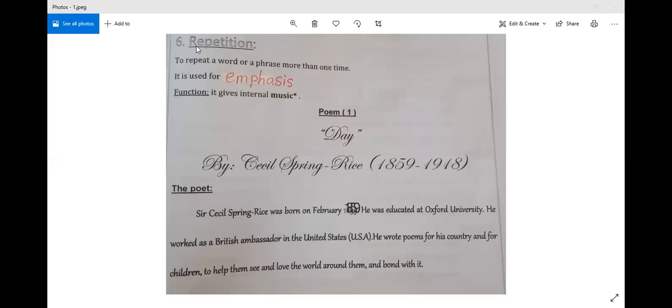And of course, if you want to go back and check these things, you have the video on YouTube, and you can go back and watch and listen to every word. That will make you sure that you understand the figures of speech because it's a question in your exam, inshallah. Okay, to get the figures of speech out of one of the stanzas that you have, inshallah, in the exam.